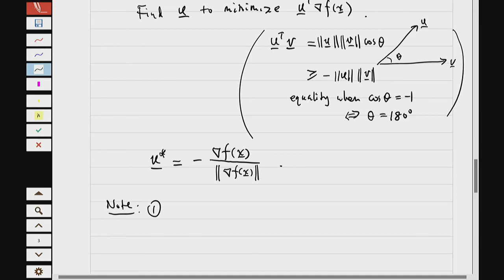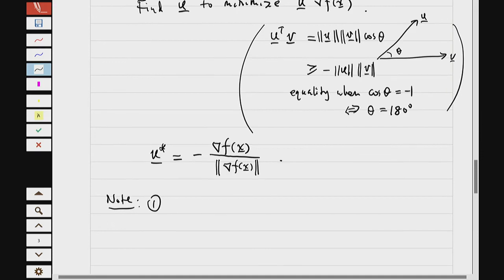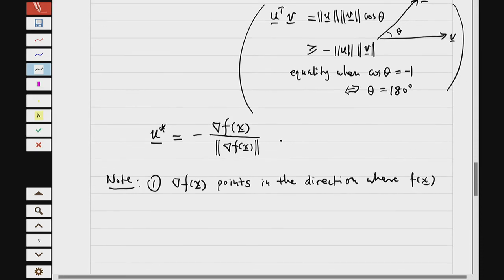So from the analysis above, we see that, in fact, the gradient is the steepest ascent direction, the direction in which f(x) increases the best, with maximum ascent.